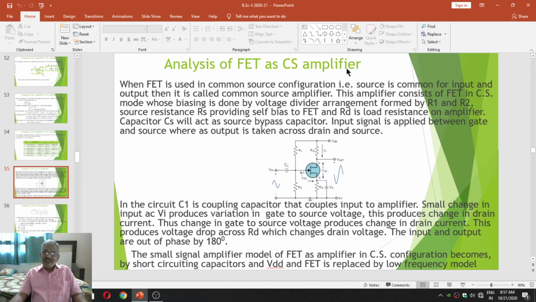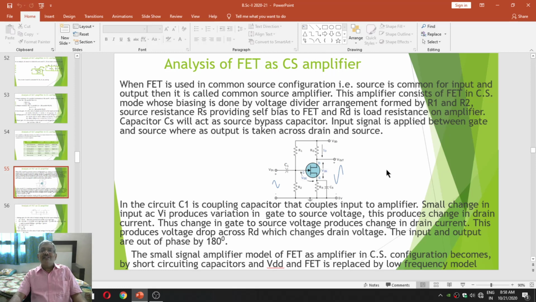In this case, FET is used in common source configuration, means the source is grounded. An input signal to be amplified is applied between gate and source, and output is taken across drain and source. Thus the source is common for input as well as output.